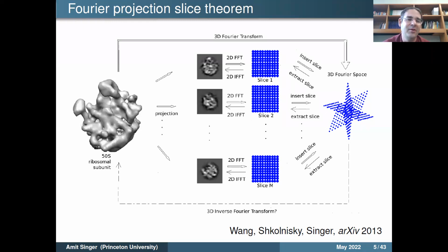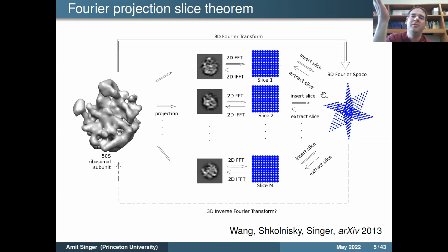There is a very simple and beautiful theorem in computational tomography called the Fourier projection slice theorem. What it says is that if you take your 3D molecule and look at 2D tomographic projection images of it, and then consider the 2D Fourier transform of those projection images, then those 2D Fourier transforms correspond to the restriction of the 3D Fourier transform of the molecule to central slices.